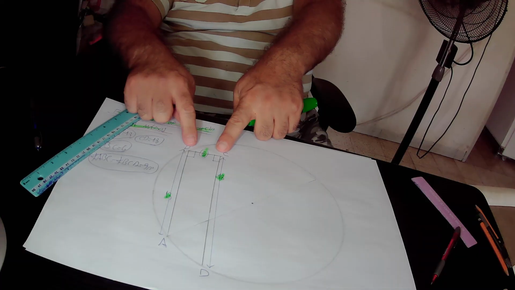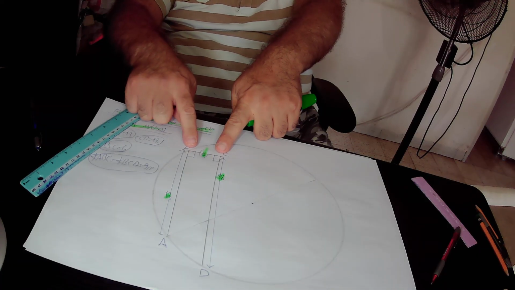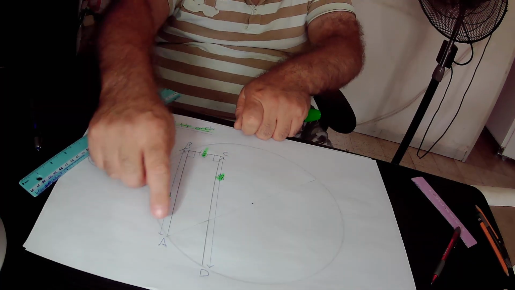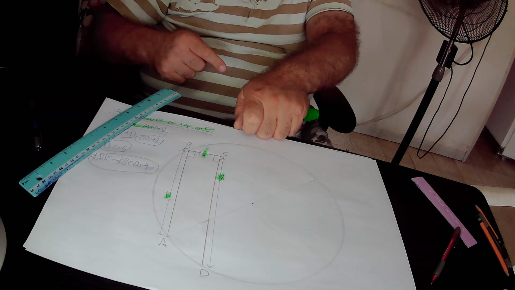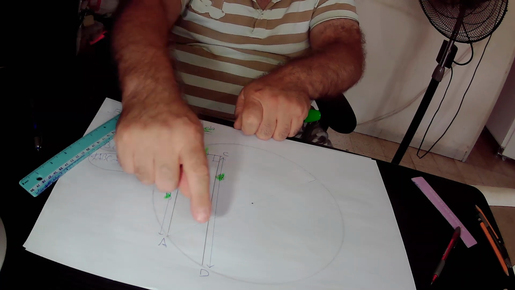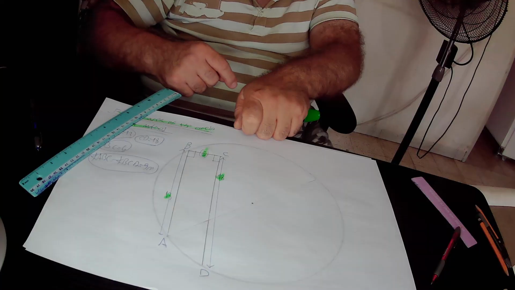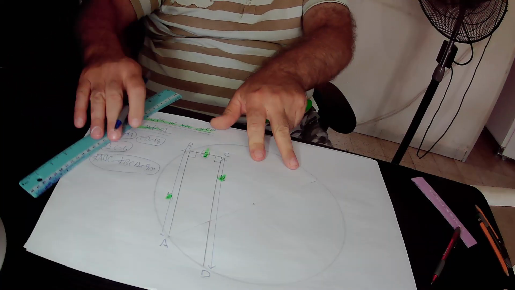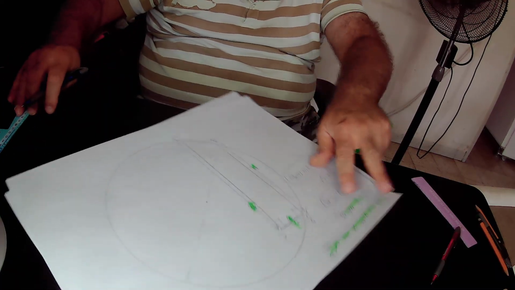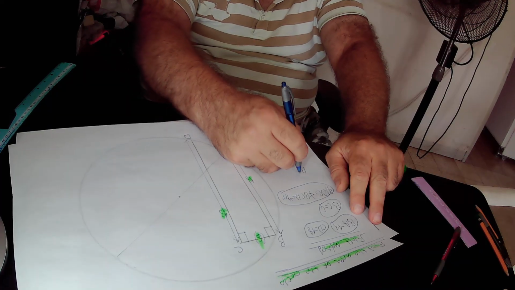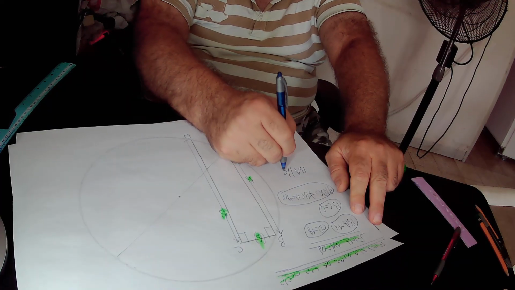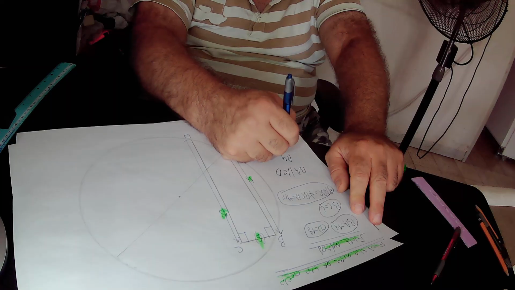That is to say, BA is parallel to CD according to Rule 27. So write it down. If you found out that chord BA is parallel to line CD according to Rule 27.